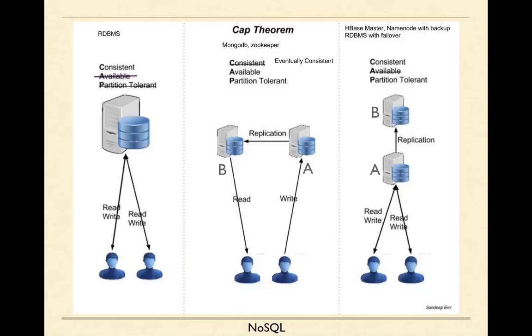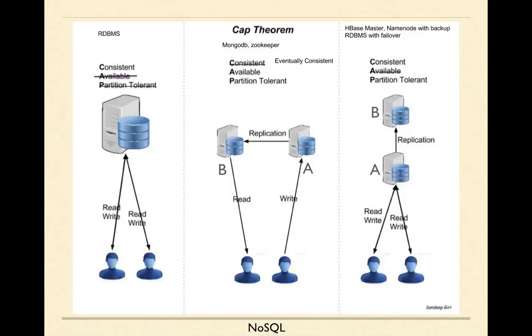So the second kind of model is not consistent, because the replication of the data from A to B is going to take some time, and therefore the users who are reading from B will be reading the older state, correct?